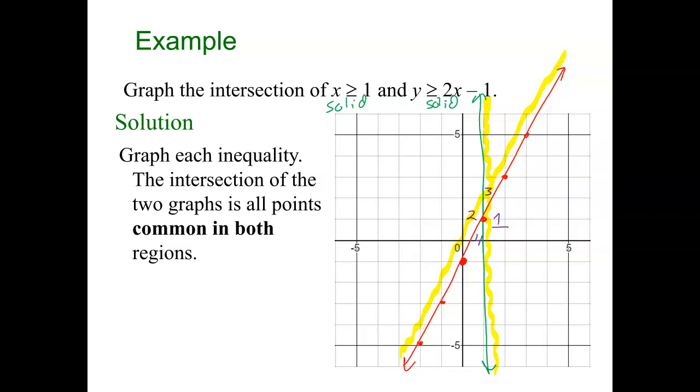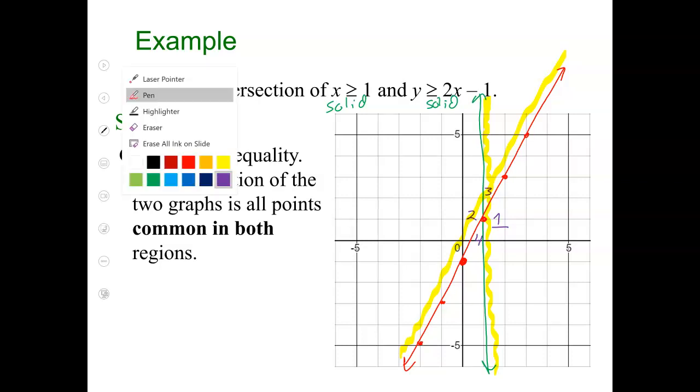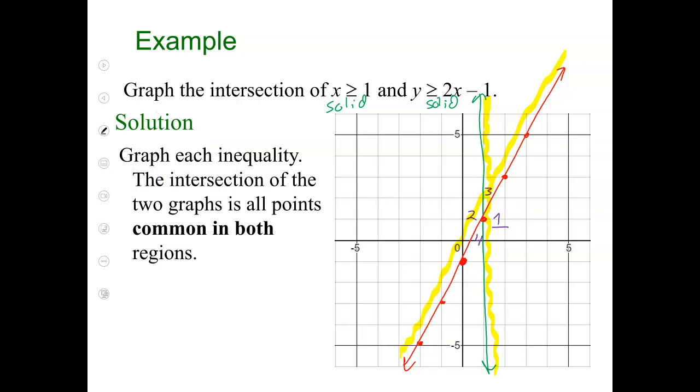What region has shading for both of those lines? Region 3. Region 3 has shading for both of those lines. So my intersection is the region that has both shadings. So my intersection, I would only have this as my solution set. That's the region where my solution is.